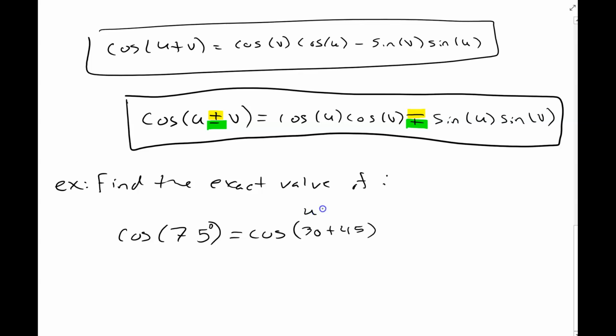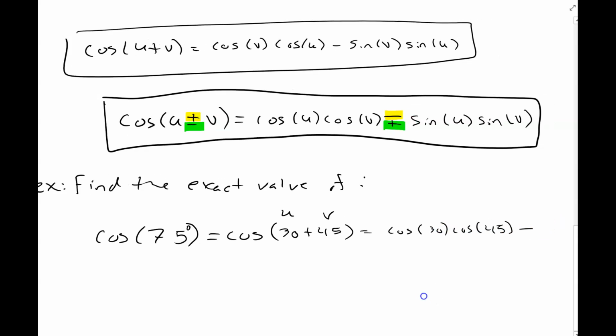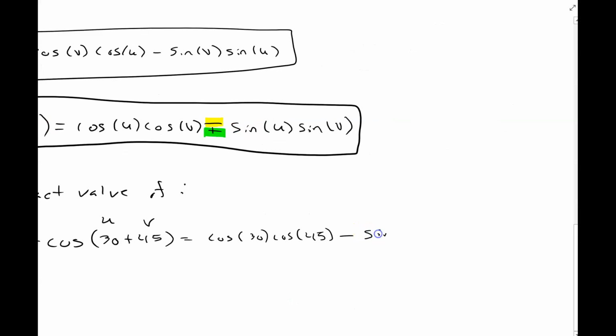So 30 is like my u, and 45 is like my v. So I just plug them into the formula above. So I have cosine of 30 times cosine of 45 minus sine of 30 times sine of 45. And then I just go to my unit circle.